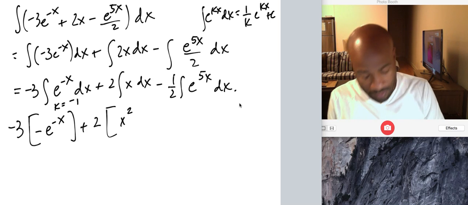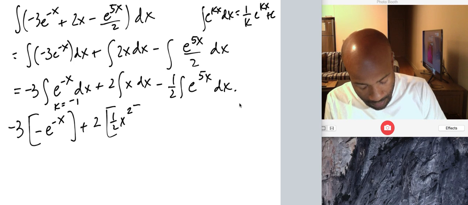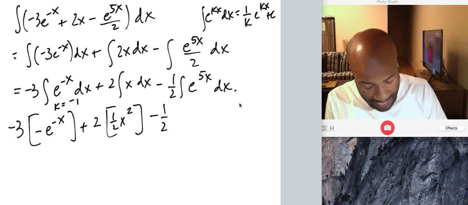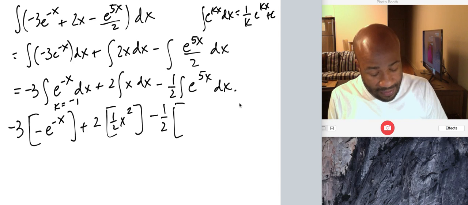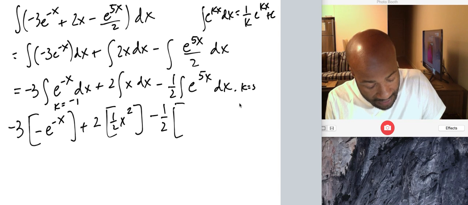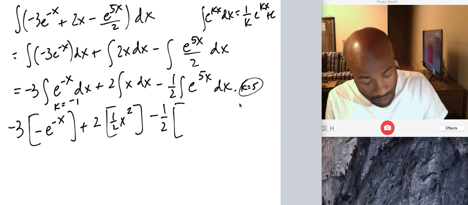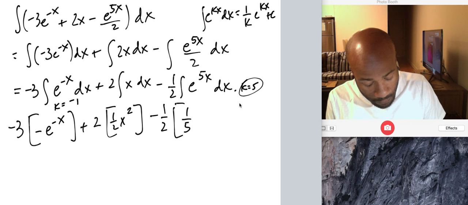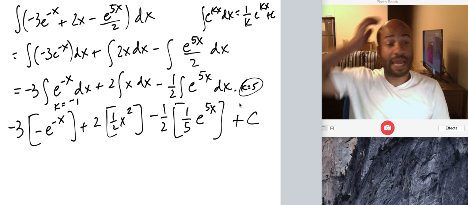Flip it, it's 1/2. Minus 1/2 times, again, in this case, k is equal to 5. So I have, based on that formula, 1 over 5 e to the 5x. And now I'm going to add the plus c.